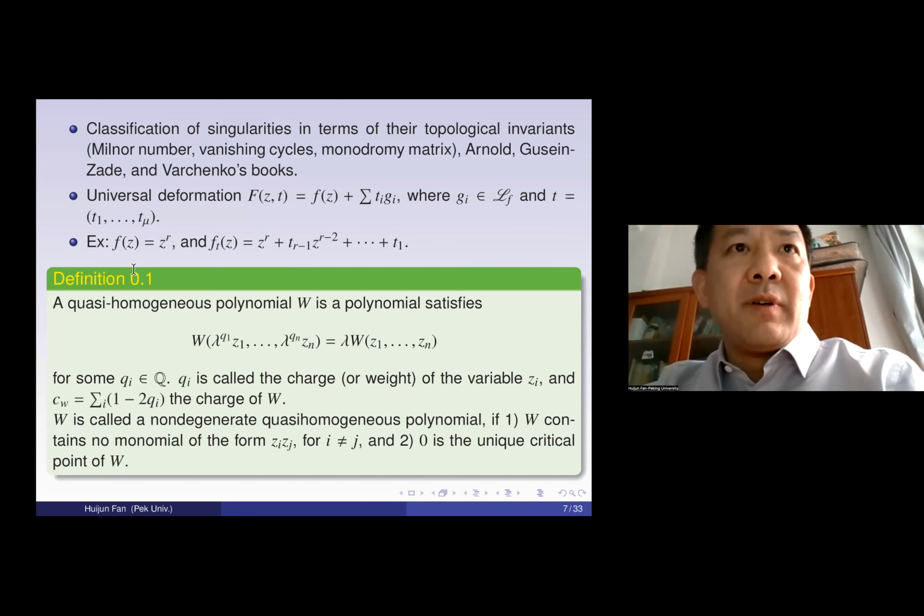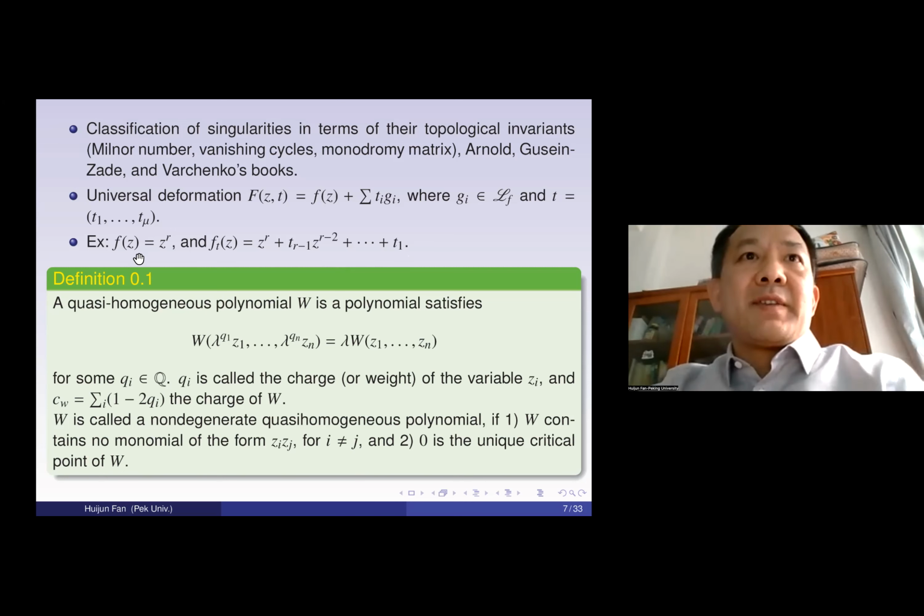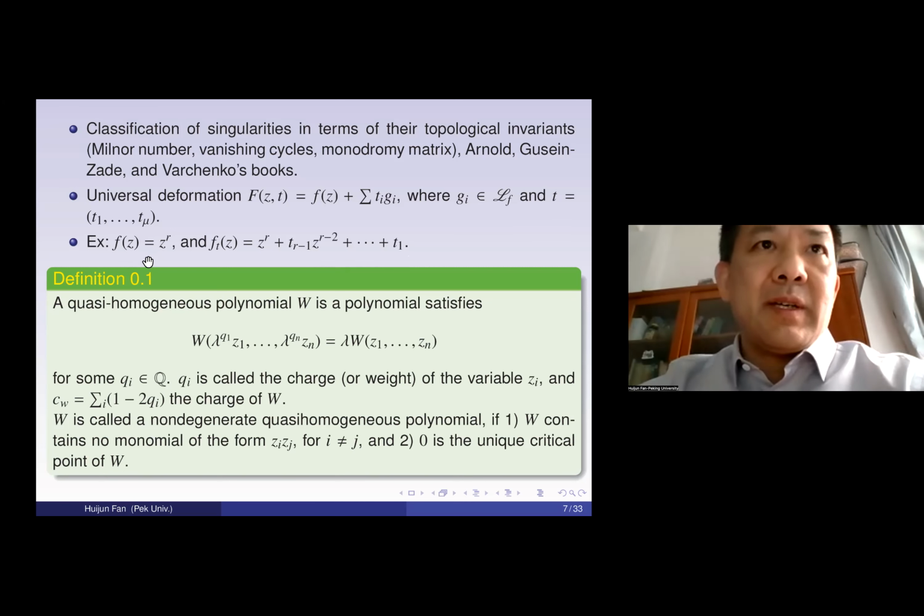For example, for the A_r singularity, we have the universal deformation F(t,z) equals z to the power of r plus t_{r-1} times z^{r-2} plus dots plus t_1. So this is a universal deformation of f(z). Any other deformation can, in some sense, be embedded into this universal deformation.